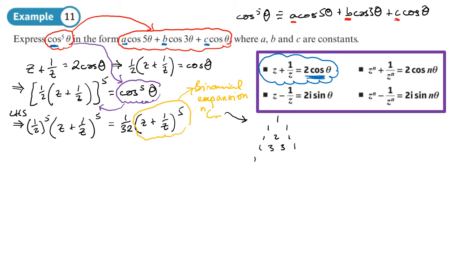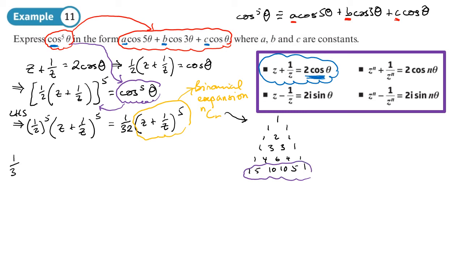I've already got power 3, power 4, so I know the coefficients are going to be this. It's probably quicker than using nCr, although you could write nCr down. I've got the coefficients here, so I can use those. So now let's expand that.